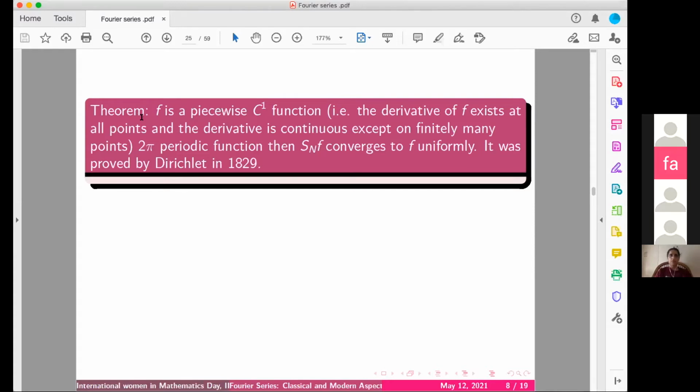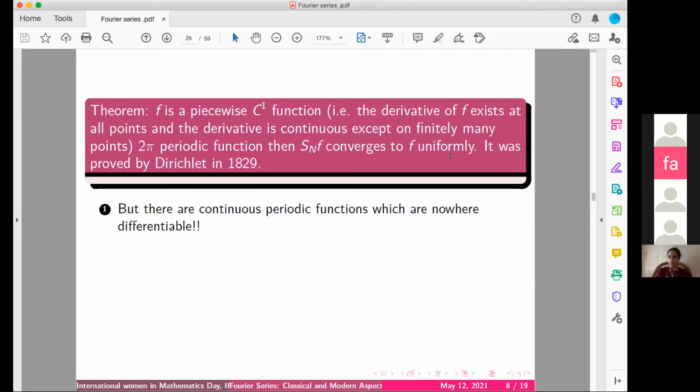So this is the theorem: if f is a piecewise C1 function, that is, the derivative of f exists at all points and the derivative is continuous except at finitely many points, and f is 2 pi periodic, then SN of f converges to f uniformly. So this was one of the earliest results.